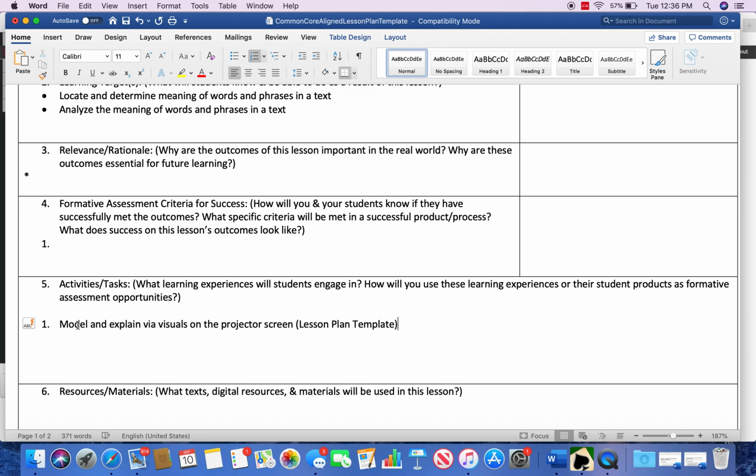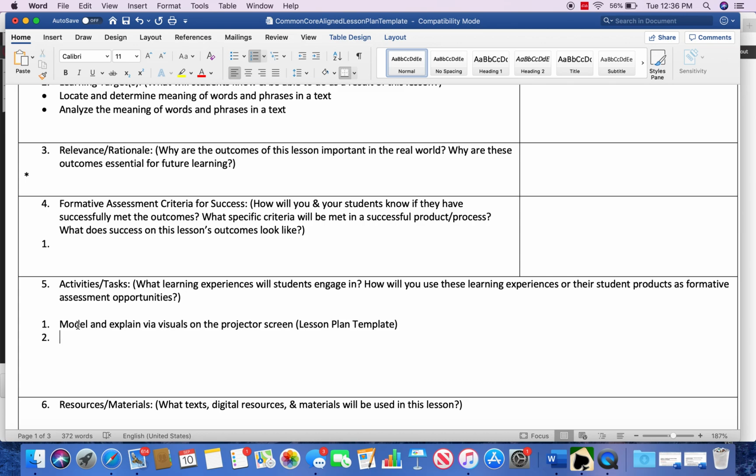You show them, let's look at this bolded word. I wonder what that word means. I think that word means da da da. Let's read it in context and make sure that makes sense in the course of this paragraph or short story.